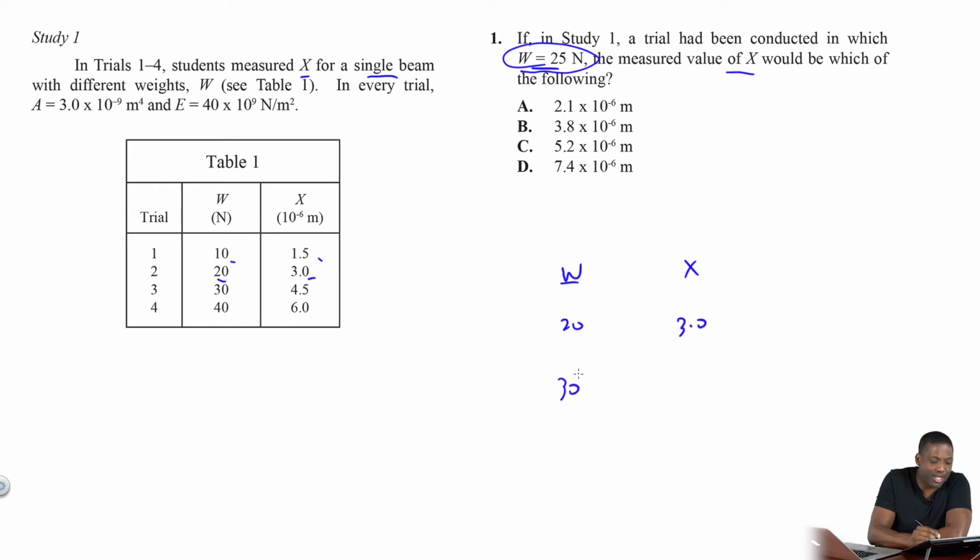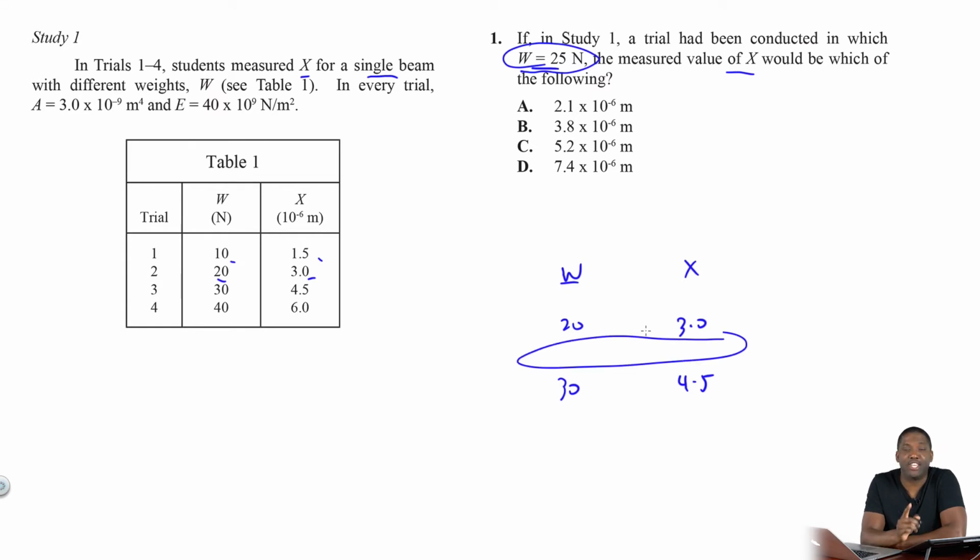When W is 30, X is going to be 4.5. 25 is going to be somewhere between 20 and 30, which means X has to be greater than 3.0, but less than 4.5. You don't need a calculator. There's no calculator on the science section. There's only going to be one answer choice that is in that range.